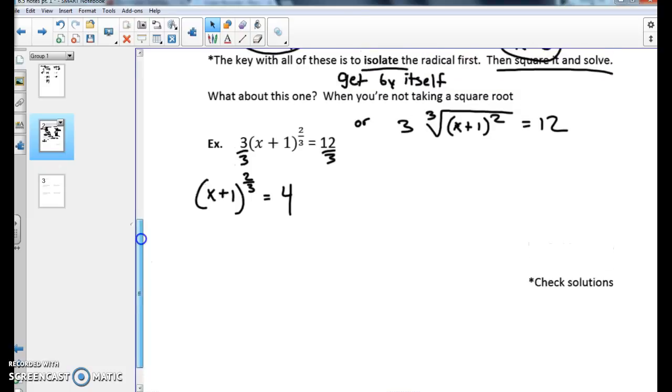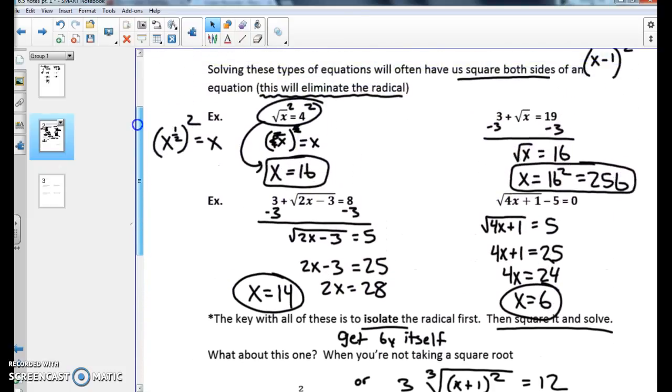So if you think back to up top, right up here, I'm going to draw a little bubble around this. The whole idea was when we had x to the 1/2, we took the left side to the second power. And what that did for us, by our properties of exponents, we're going to multiply those things so that we get an exponent of 1.